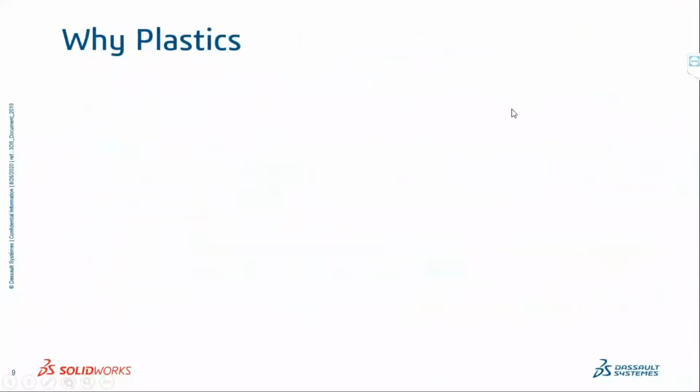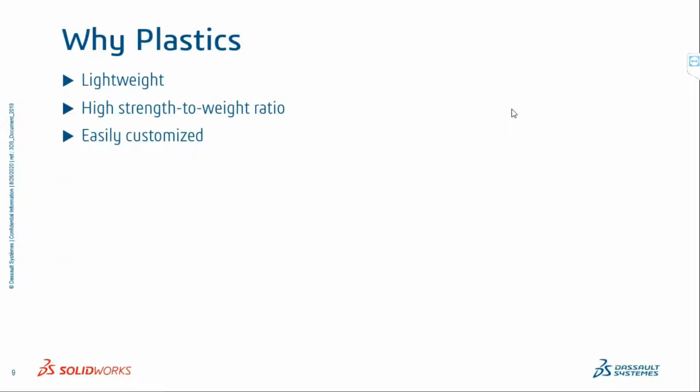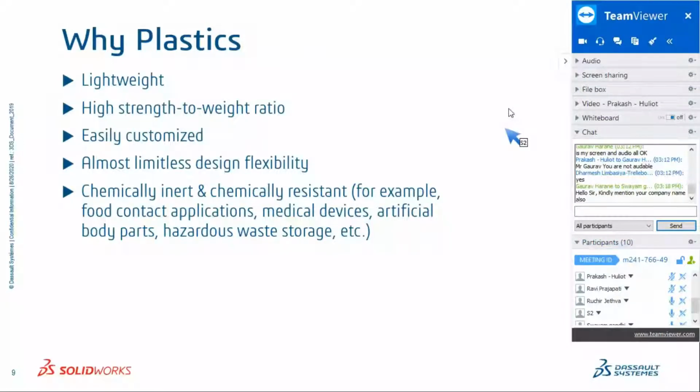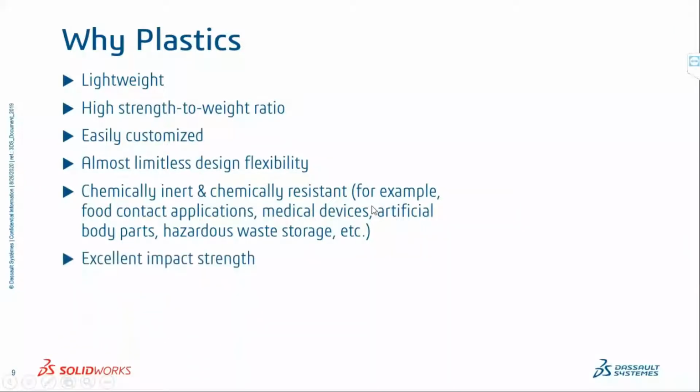Now moving ahead, why do we go for plastics? We all know plastics are lightweight, they have a high strength to weight ratio, and they can be customized into any net shape. Almost limitless design flexibility. Also chemically inert, for example, they can be used for any applications including food, chemical or medical devices, manufacturing, etc. Excellent impact strength, and visually aesthetic.